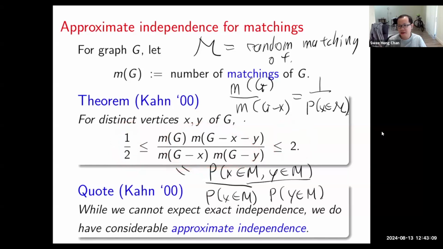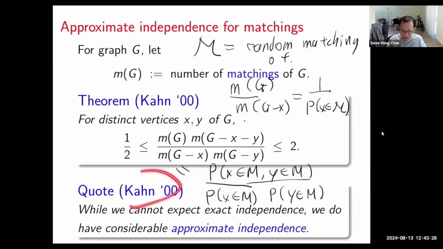And then Jeff can show that even with just approximate independence, sometimes you can still use it to prove many of the equivalent results. He used this to prove several results in the hardcore model.